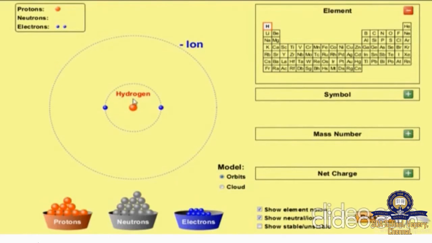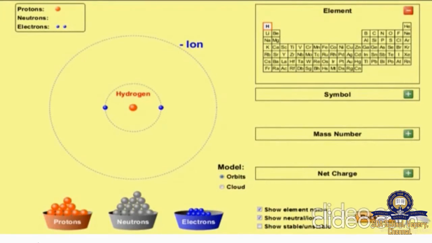The element remains the same, but since an electron is added, the total number of negative charges is more, that is, it becomes a charged species, so it becomes an ion. Since the number of negative charges is more, it becomes a negatively charged ion. So when I increase an electron, it becomes a negatively charged ion, but it still remains hydrogen.